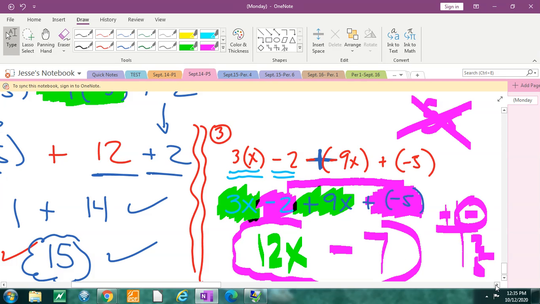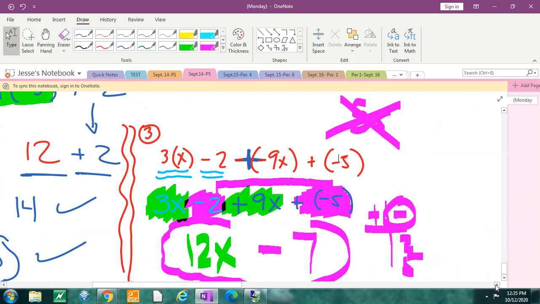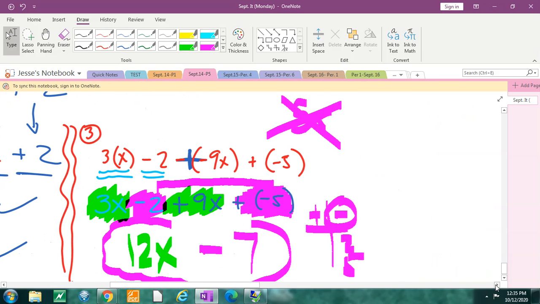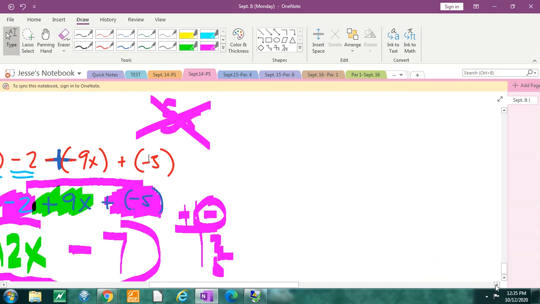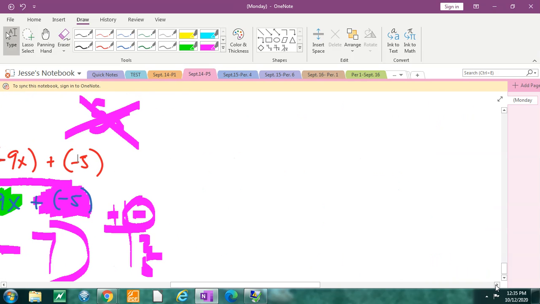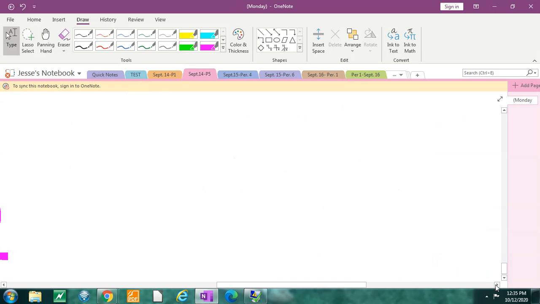Get out of here. Fuera, fuera. So don't forget, a negative negative only cancels out when you're multiplying. Okay? Here we go. Number 4.